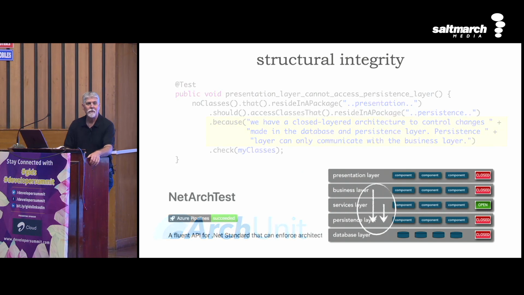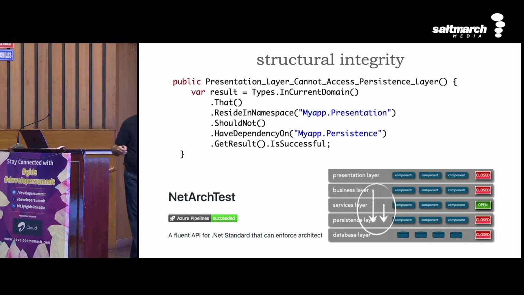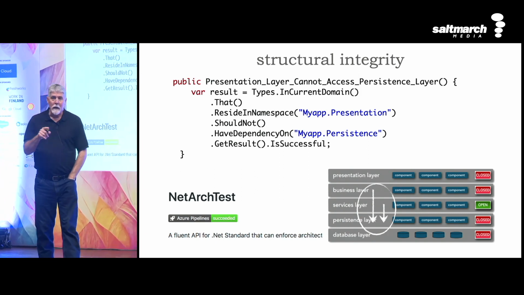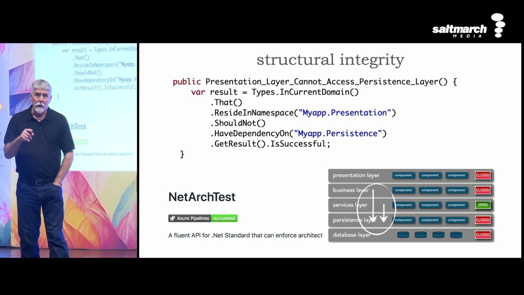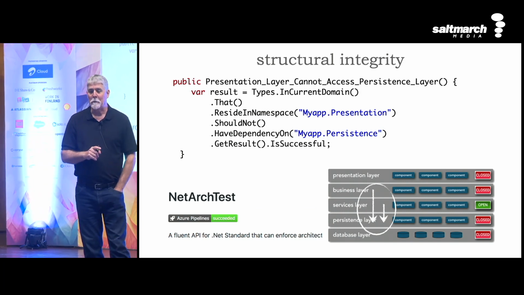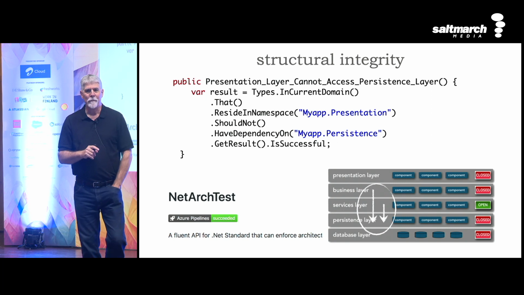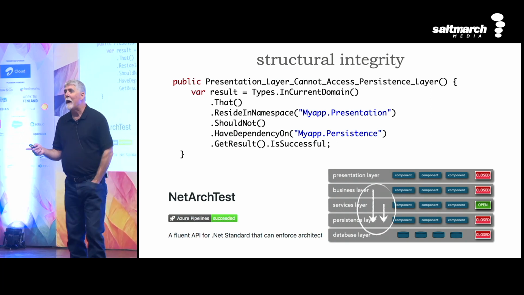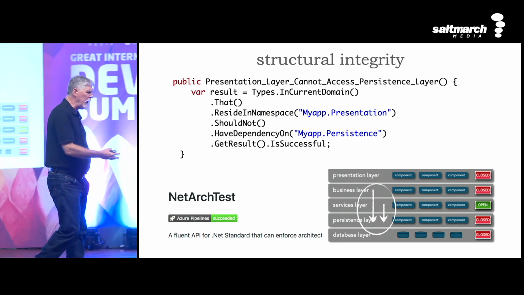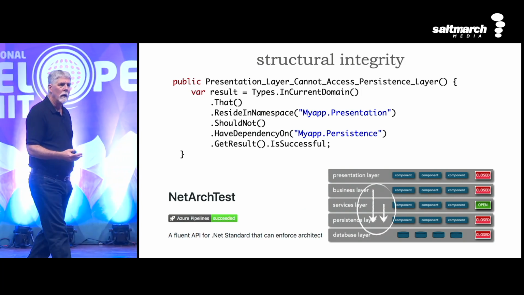Yeah, this is the same thing, by the way, in NetArchTest. Types in the current domain that reside in a namespace presentation should not have a dependency on anything in my app.persistence. This is how architects code, by the way. You wonder how you become a software architect and you maintain hands-on coding?